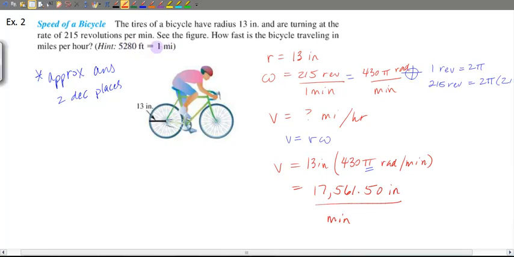We also have the conversion up here that they gave us, that there are 5,280 feet in 1 mile. So I can go from inches to feet to miles in a series of conversions. And then I'm also going to change from minutes into hours.